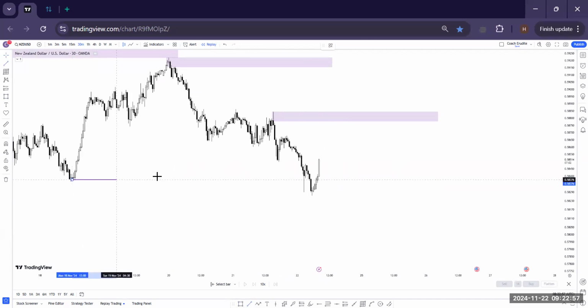There's a break of structure here. I already have a setup here.